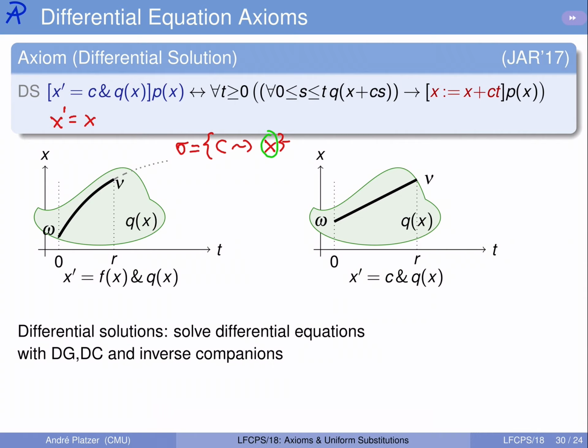In that case, over here we get x is x plus x times t, and that very much is not the solution of the linear differential equation x prime equals x, because remember the solution of that actually is an exponential of time, right? Fortunately, that is ruled out as well by the fact that c is a constant symbol.